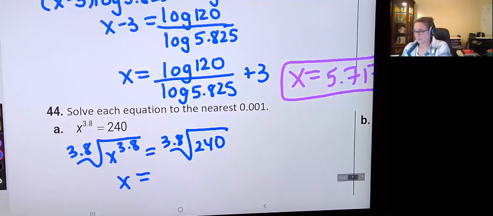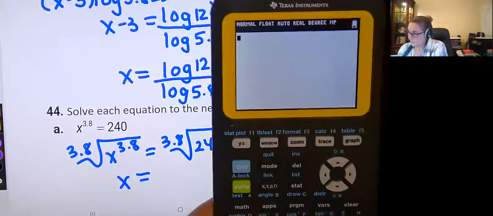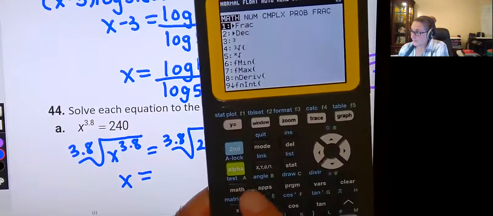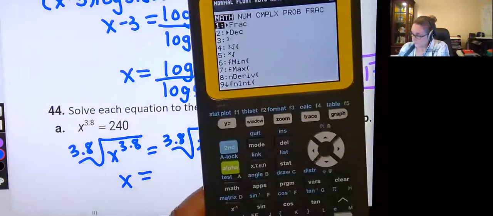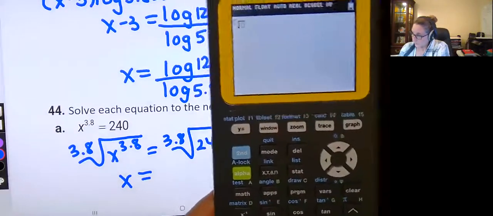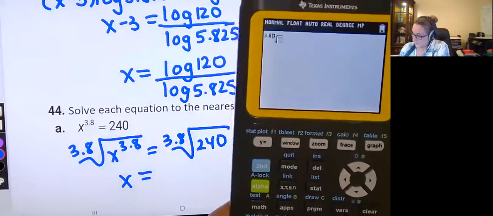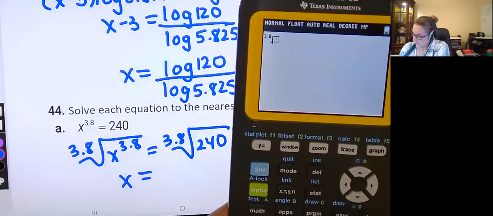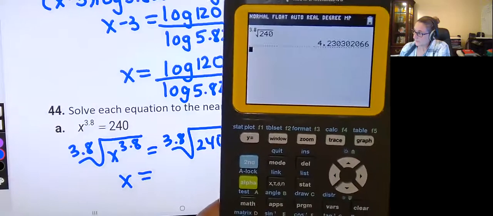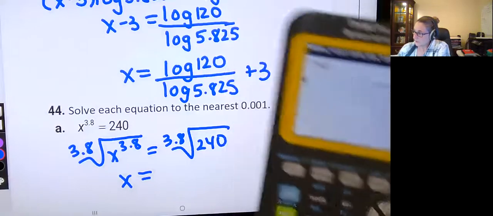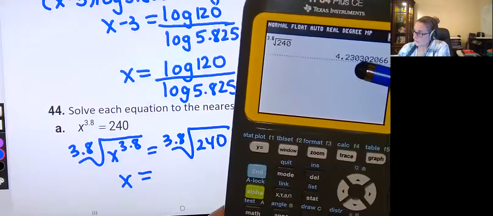And then on my calculator, probably the easiest way to get to it is if you just hit math, number 5, and I'm going to take the 3.8 root of 240. They want it to the nearest thousandth, so I'm going to look at this 0.